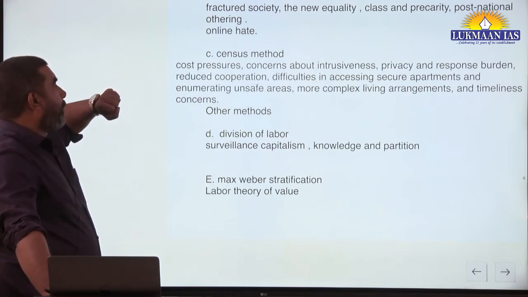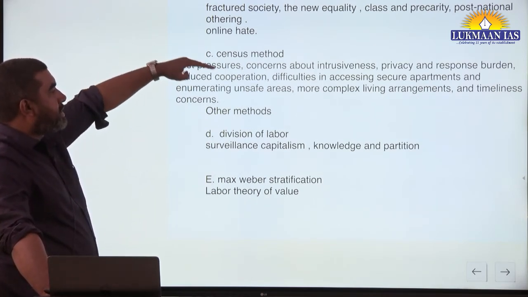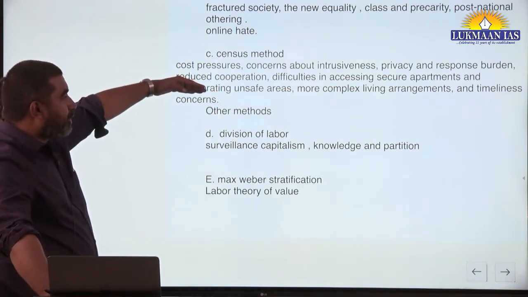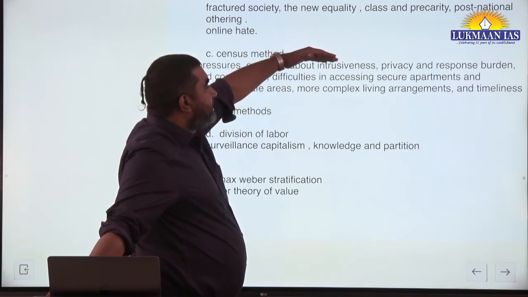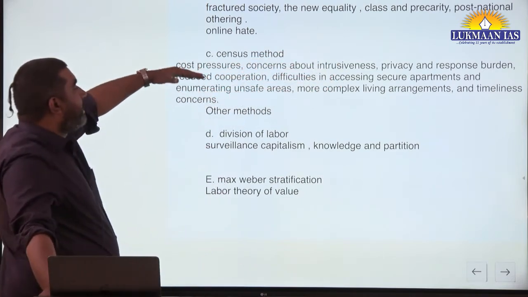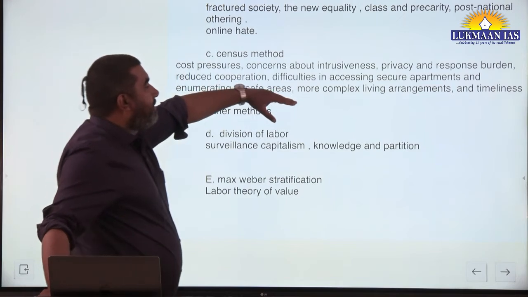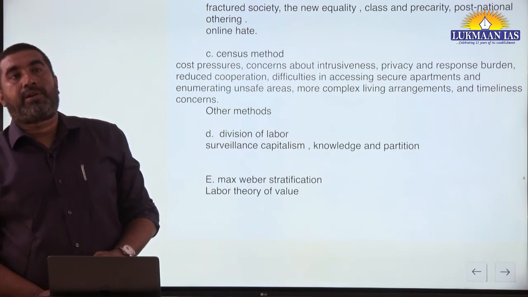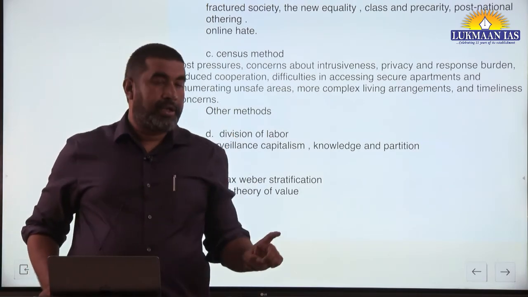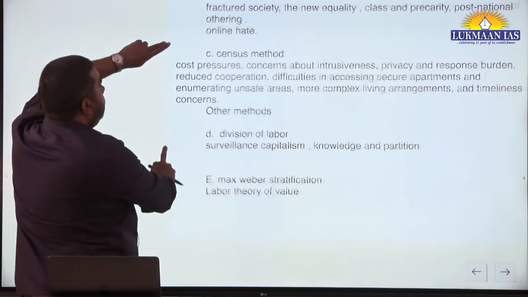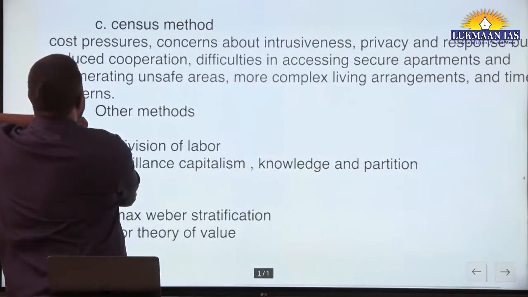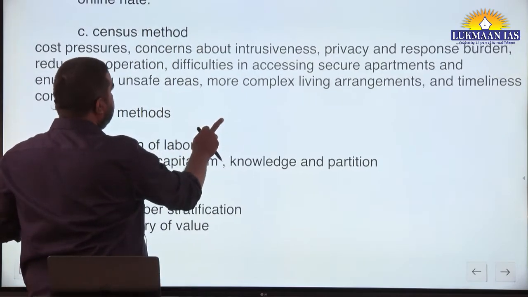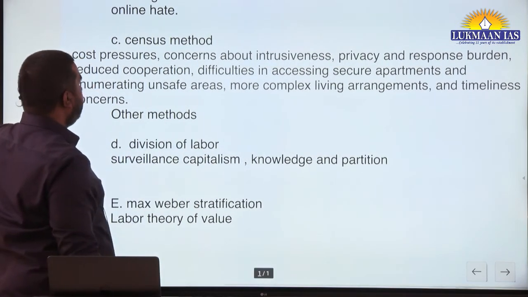We can write many points: cost pressures, concern about intrusiveness, privacy and response burden, reduced cooperation, difficulty in assessing secure apartments and enumerating unsafe areas, more complex living arrangements, and timeliness concerns. Is everyone able to see it? Just read it once, census method limitations, and you will understand what I am trying to say.